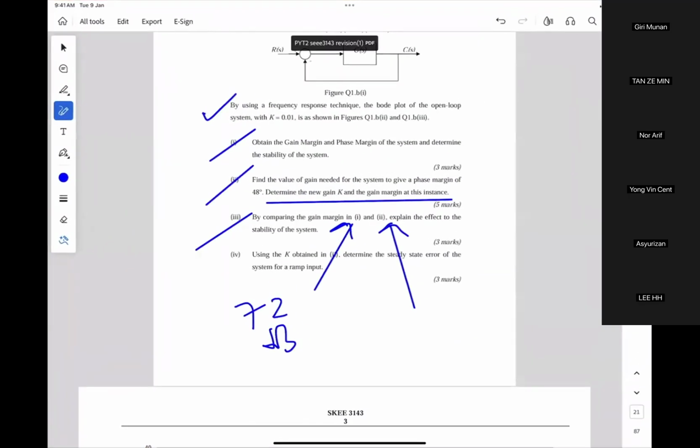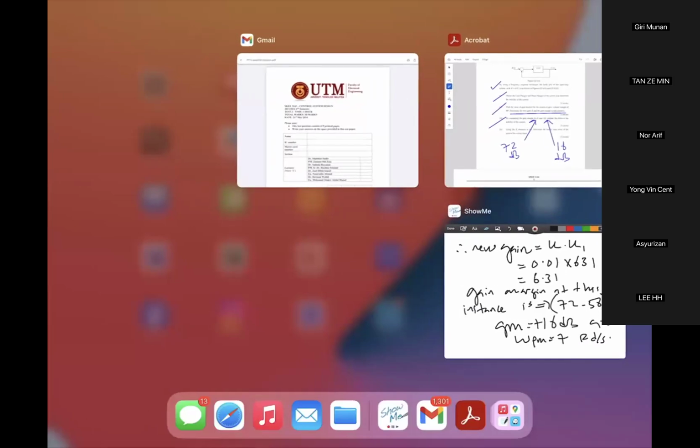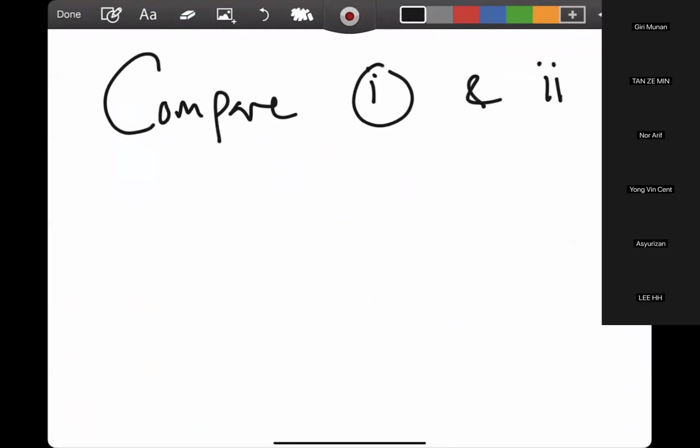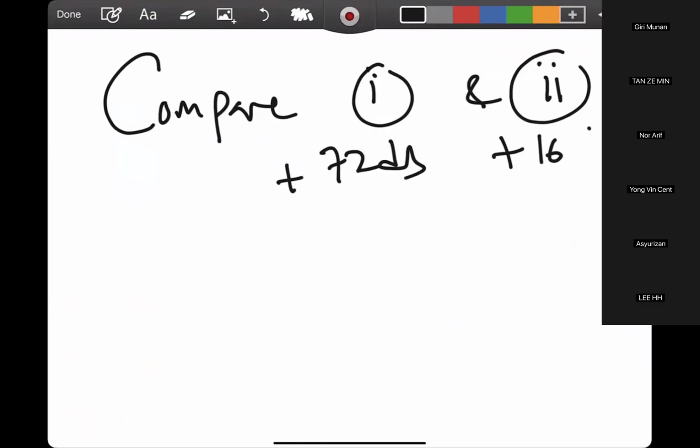Okay. Compare. One and 2. This one 72 dB. This one is positive 16 dB. So compare, what is your observations?